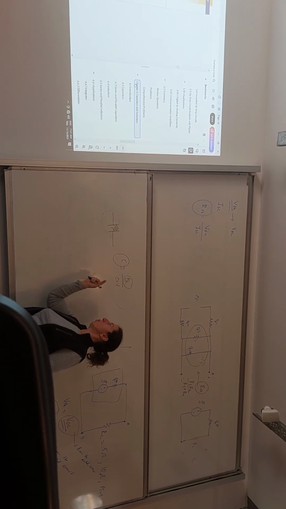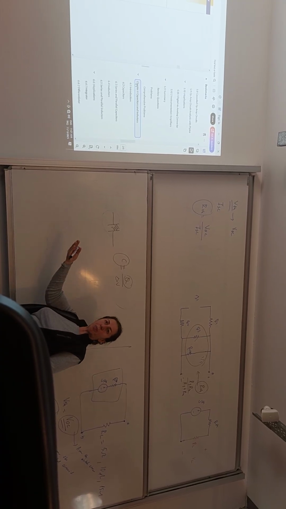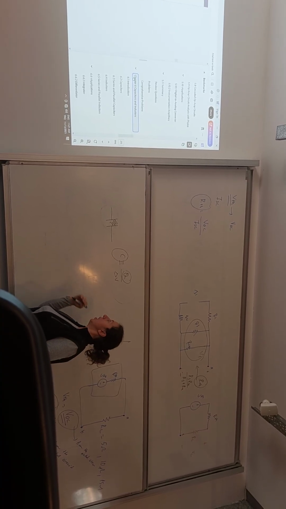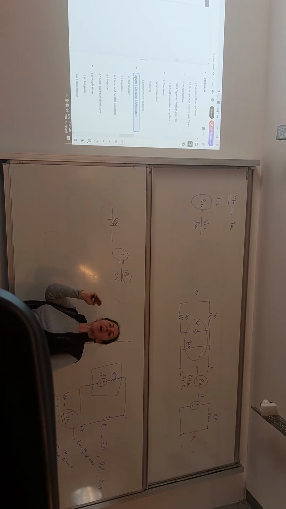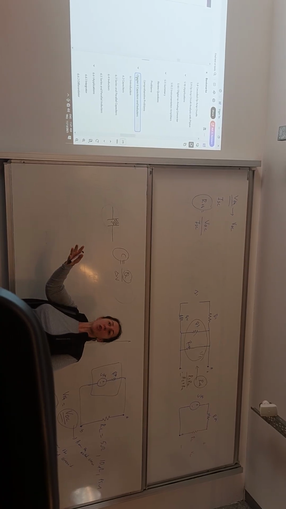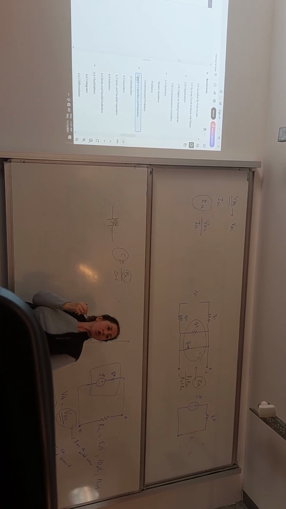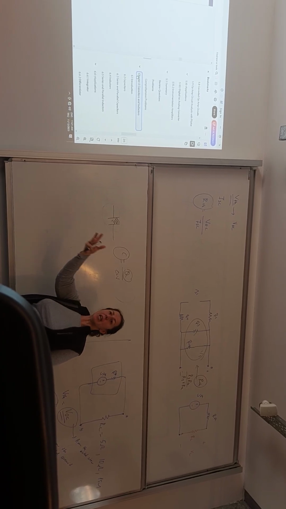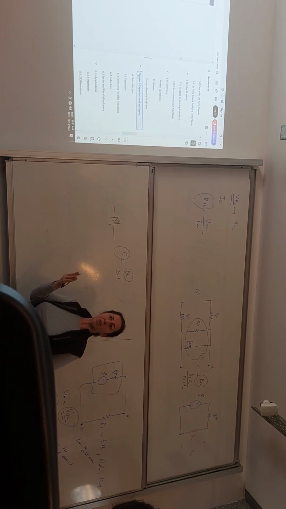How long you provide this potential difference to that capacitor determines how much charge is collected. But once it has reached the maximum level, you cannot put any more charge on it. Remember, current is the motion of charges. If you are not providing any more charges, the charges are not moving anymore.